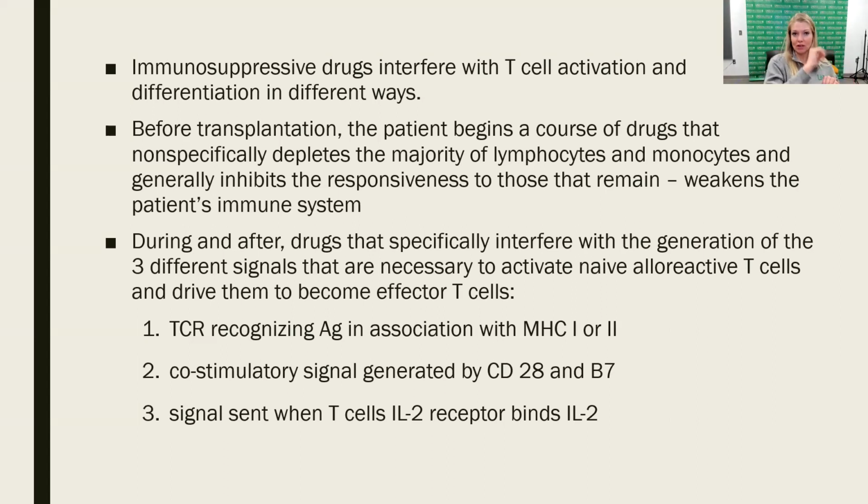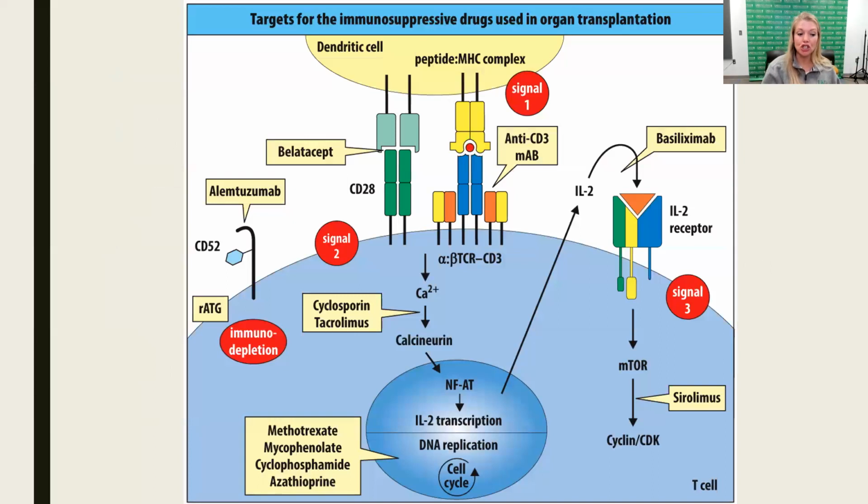But once a T cell gets its first and then second co-stimulatory signals, then IL-2 is produced, the IL-2 receptor forms fully, and then IL-2 will come back and act on itself in autocrine fashion. So that can also be prevented to prevent or at least help reduce naive T cell activation against the graft. Here's an image that just shows those three different spots.